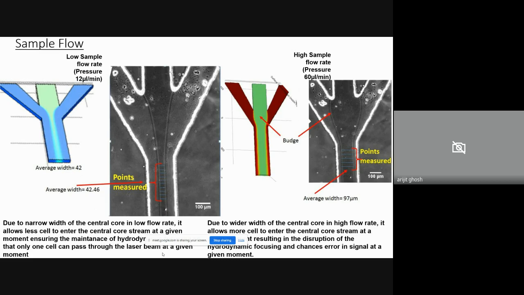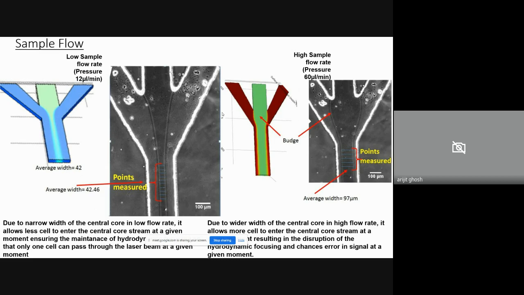But in the high sample flow rate, due to the wider width of the central core, you can see here the width is very narrow, and here you can see that the width has increased. Due to this, it allows more cells to enter the central core at the same time, which may result in error in the signal at a given moment.